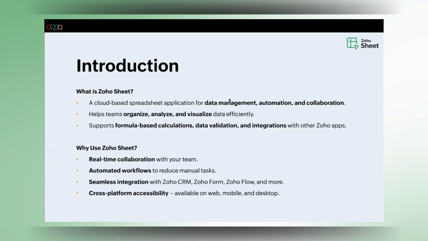Zoho Sheet offers several other advanced features like pivot tables, conditional formatting, custom functions, and merge template that allow you to personalize your data management experience. Above all, Zoho Sheet has cross-platform capabilities, which means you can access the app from various devices, either from your Android or iOS, perform any action, and you'll see there's a seamless sync across all of the apps.